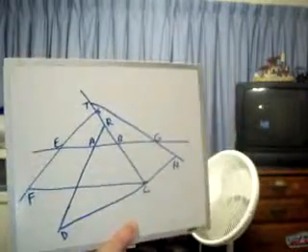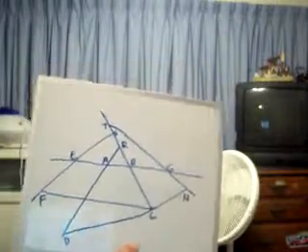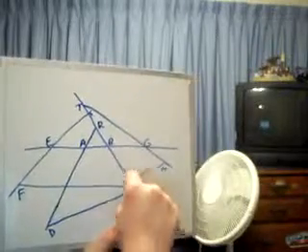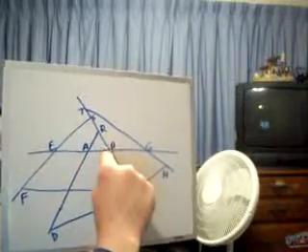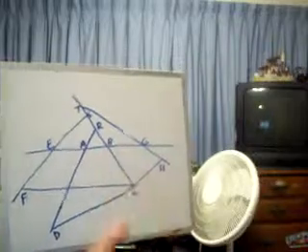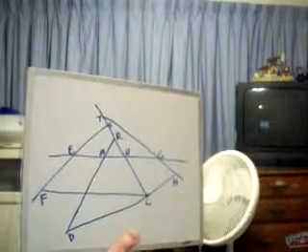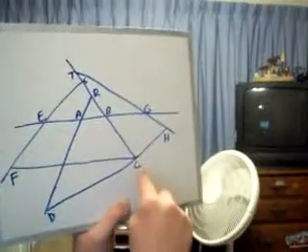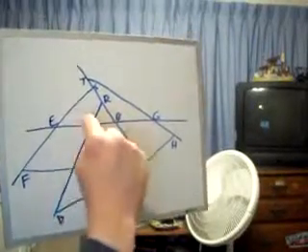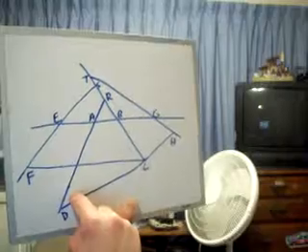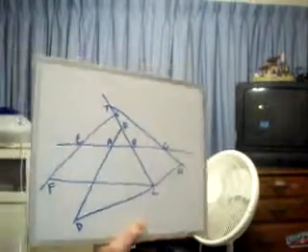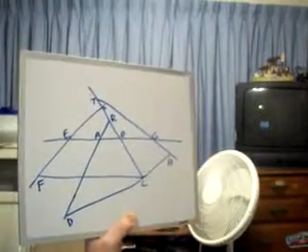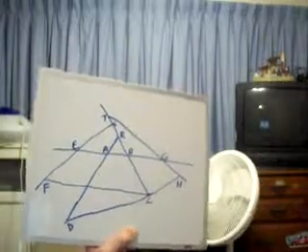Now, the first angle is CBA. Well, here's C, here's B, here's A. So it's that angle right there. The next angle is CDA. Well, here's C, here's D, and here's A. It's that angle right there. We formed that. We're going to form CFE.